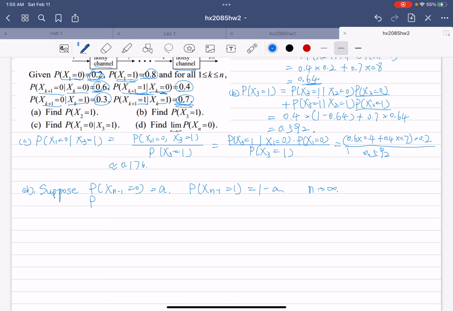The probability of xn equals 0 will be the same as the probability of xn minus 1 equals 0, which is a. And we can get the probability of xn equals 0 from the probability of xn minus 1.